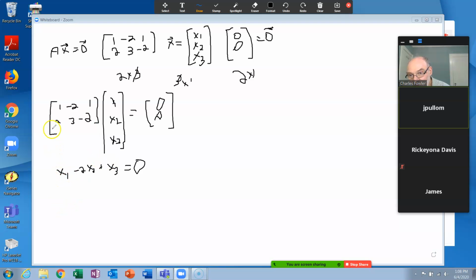So let's do the second row. This entry here is the 2, 1 entry. So second row, first column, that would be 2x1 plus 3x2 minus 2x3, and that's equal to 0.